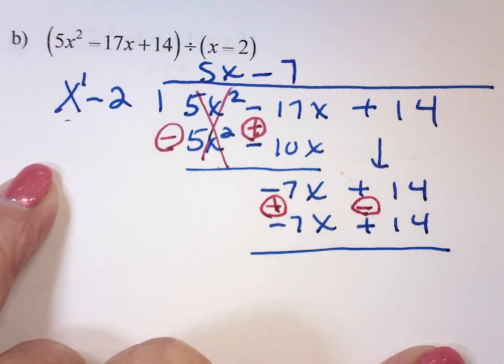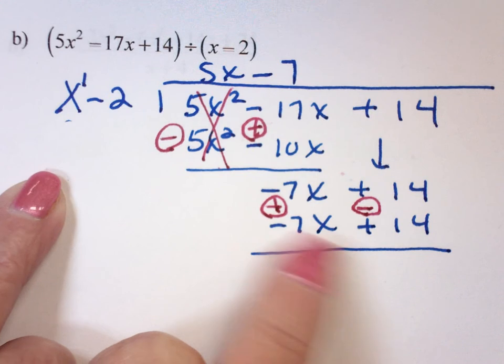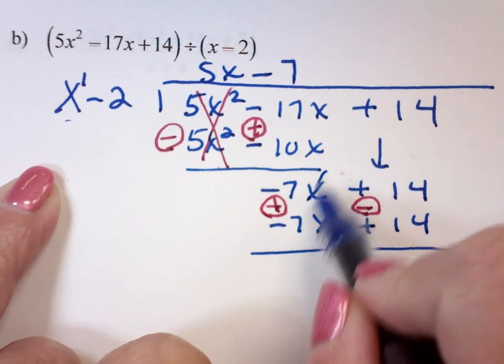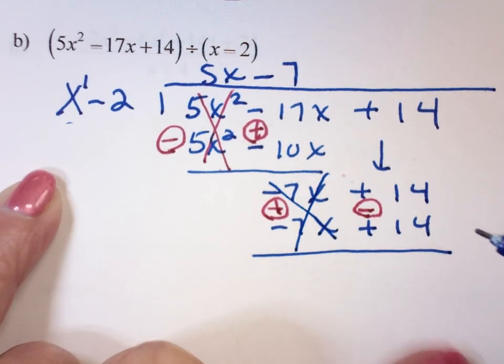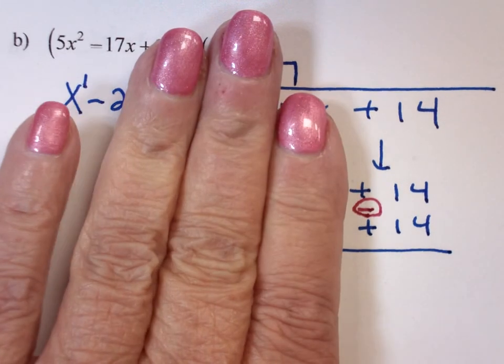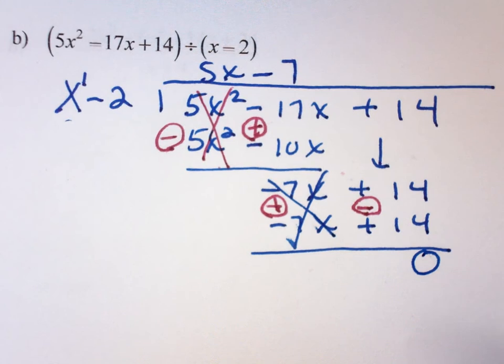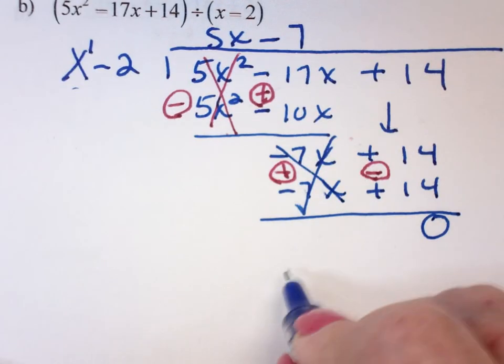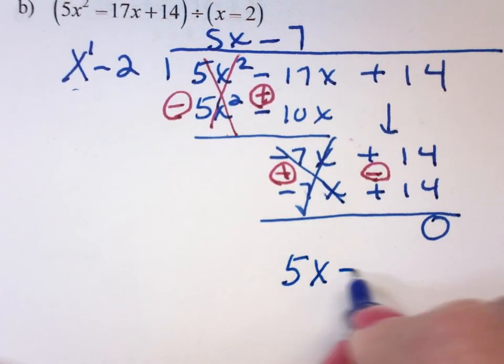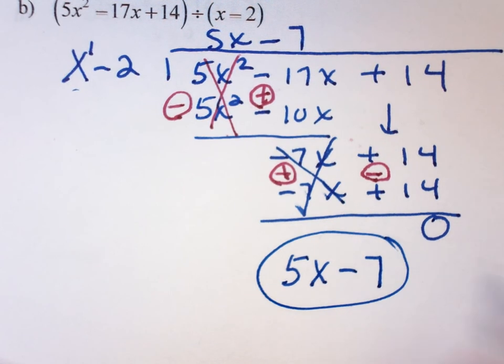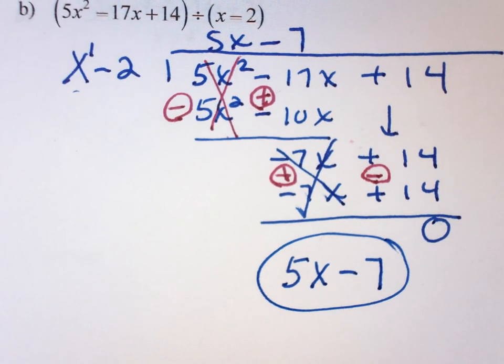So the minus changed to a plus, the plus changed to a minus. The x's dropped, which is what the goal is, but look what also happened. These dropped with a remainder of 0. It divided evenly. So my answer became 5x minus 7 with no remainder. Yes?